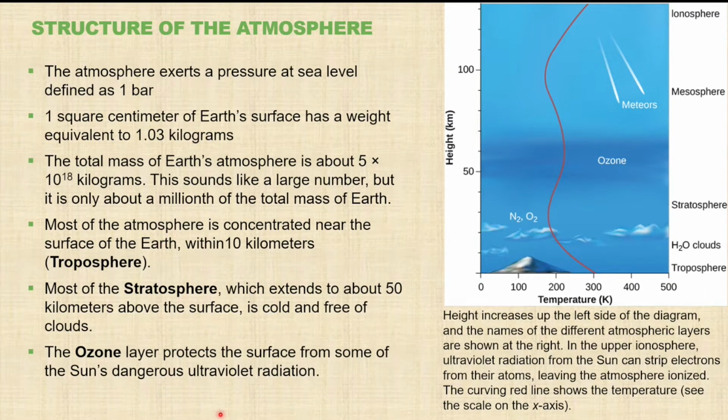And most of the atmosphere is concentrated within this low troposphere region. We measure our atmospheric pressure in terms of bar, and when we say 1 bar, it's the atmospheric pressure exerted at sea level.